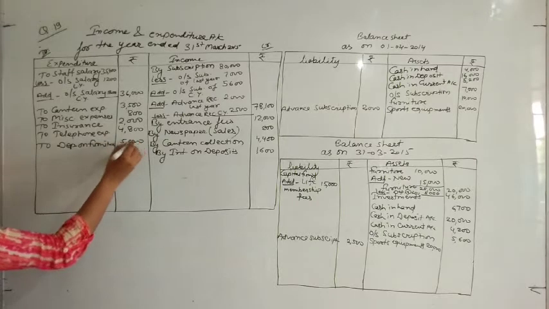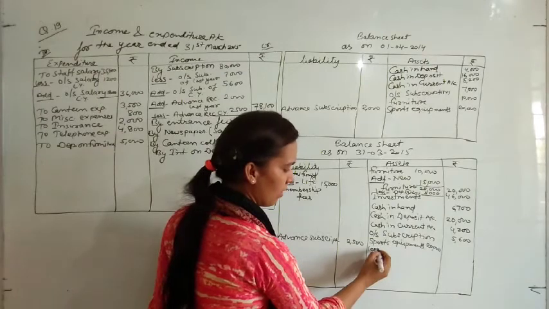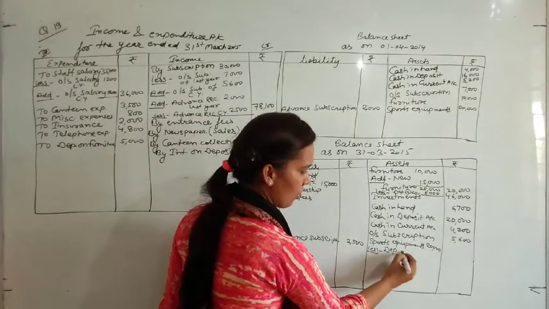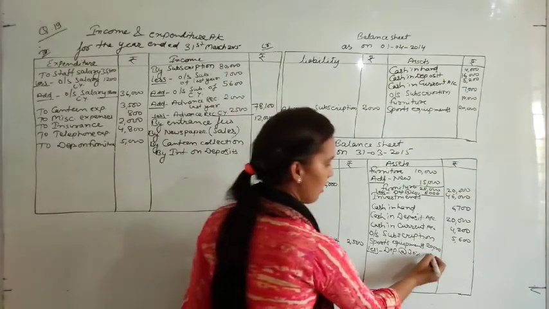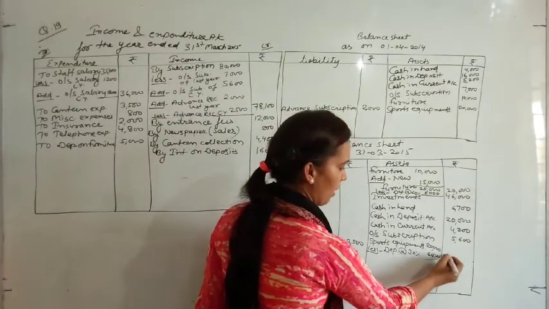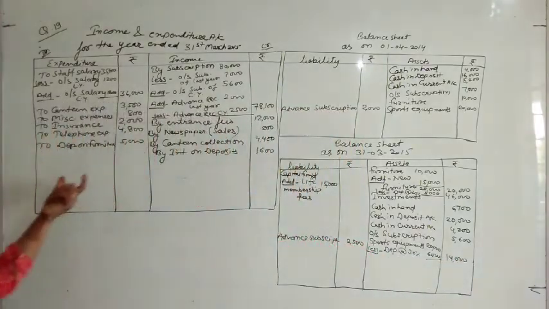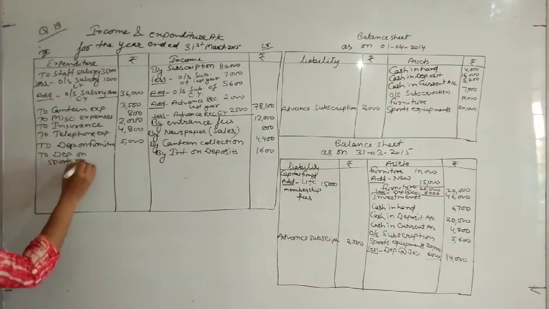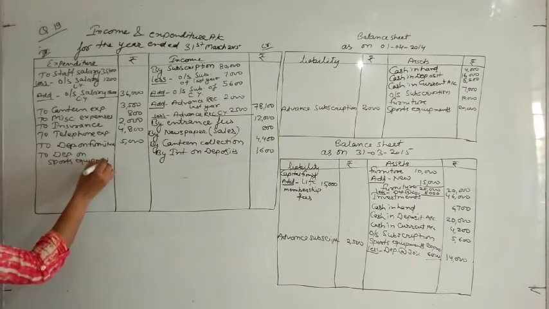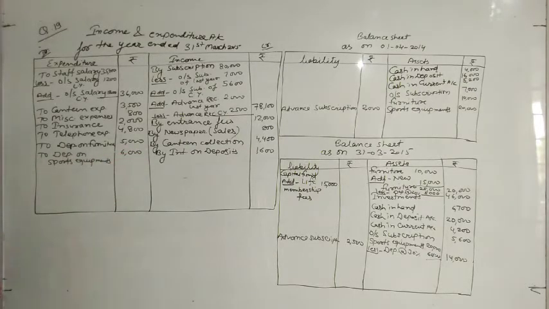Amount is 5,000. In the same way, depreciation on sports equipment, less depreciation at the rate of 30%. So 30% of 20,000, that is 6,000. So the net amount of sports equipments is 14,000. This 6,000 will also be transferred to the income and expenditure account, depreciation on sports equipment, that is 6,000. So all the informations are completed now.